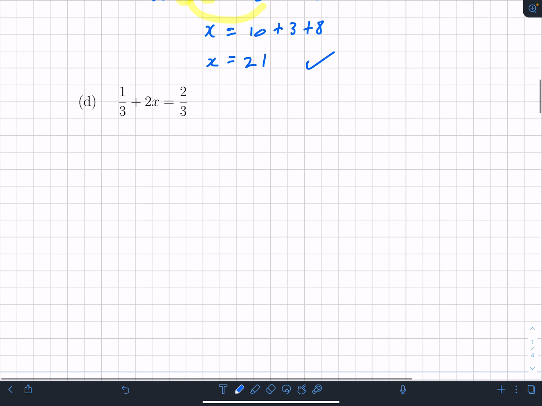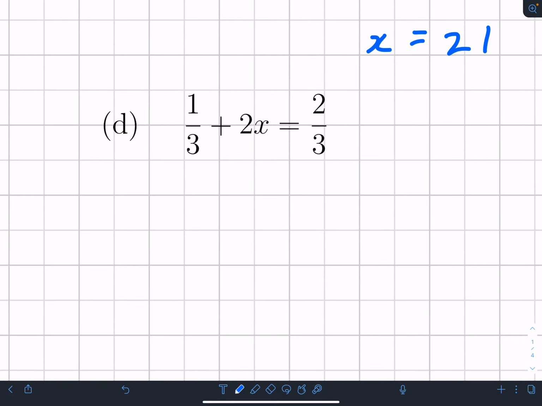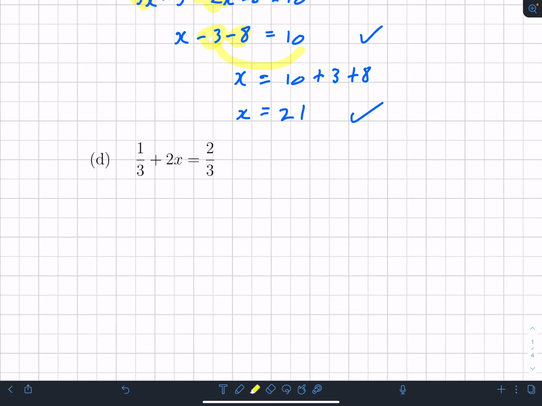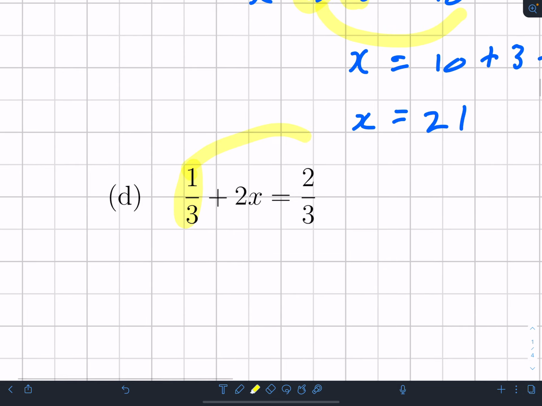Let's move on to question 1D. Okay, don't be scared by the fractions. What we want to do in all of these questions is start to deal with our constants first. So we're going to do an inverse operation here. And so we need to minus that from both sides.